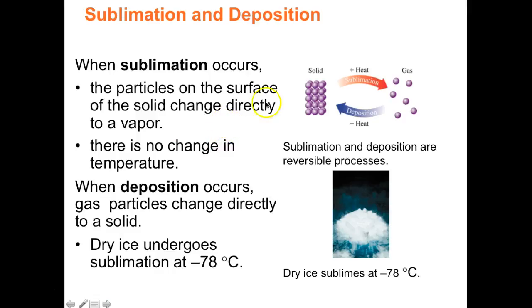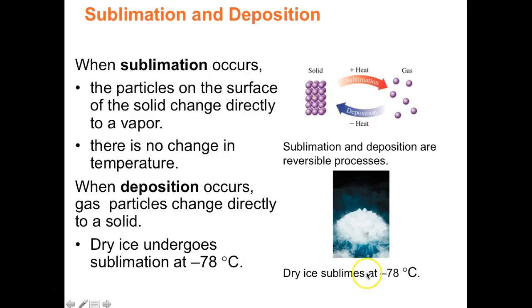Sublimation is when, as I said, the solid directly becomes gas, and deposition is when the gas becomes solid. So this requires heat being added on, being absorbed, and then the reverse process is that same heat is removed. So this is seen with dry ice.